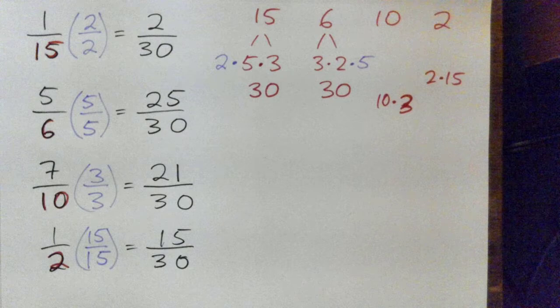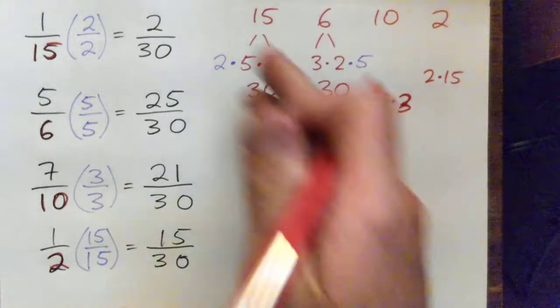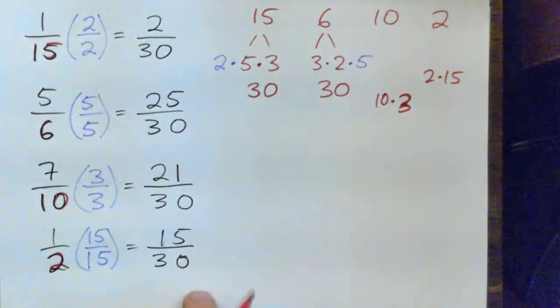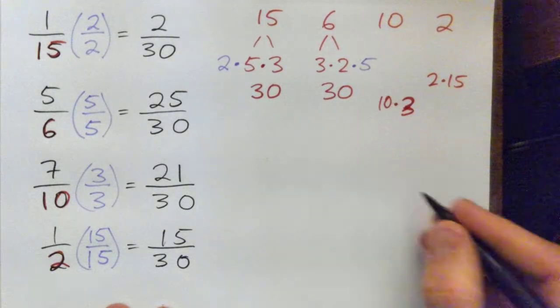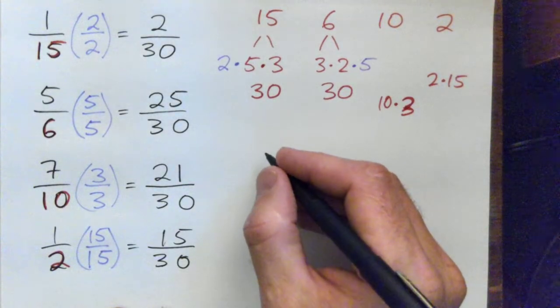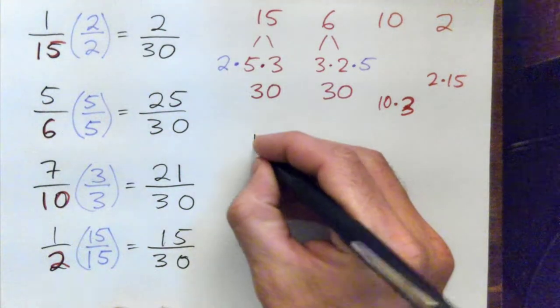And so now we can see which is the largest and which is the smallest. It says order from smallest to largest. So which is the smallest? The top one. We've got 2/30ths, that's the smallest, or 1/15, same thing.